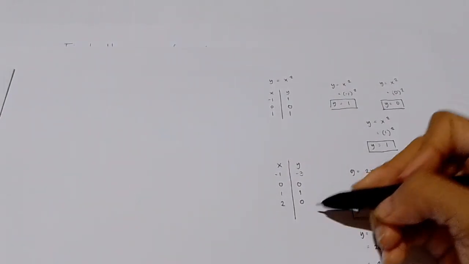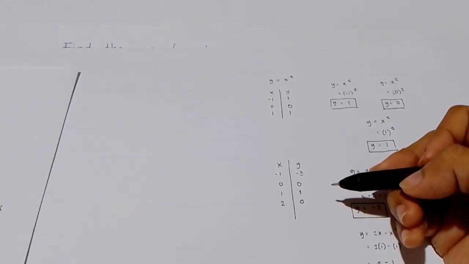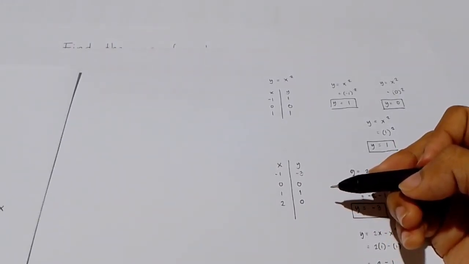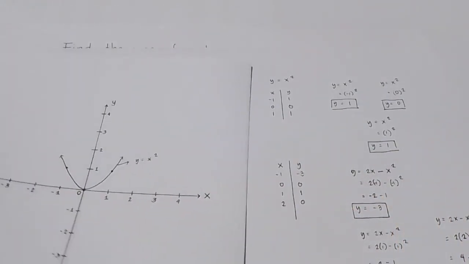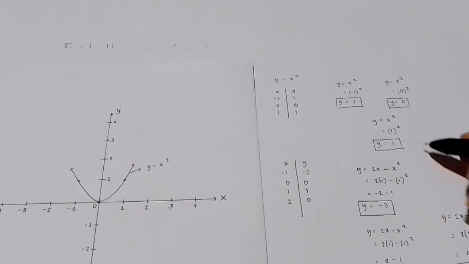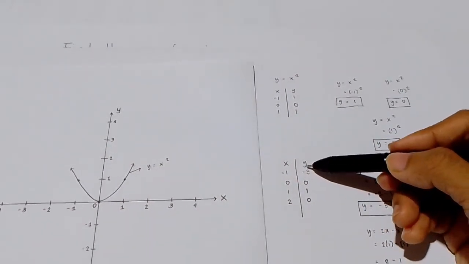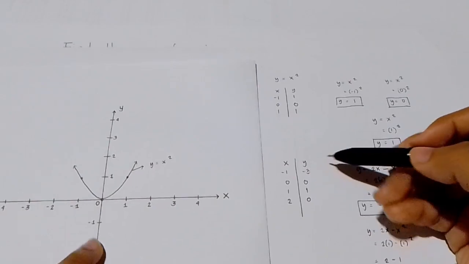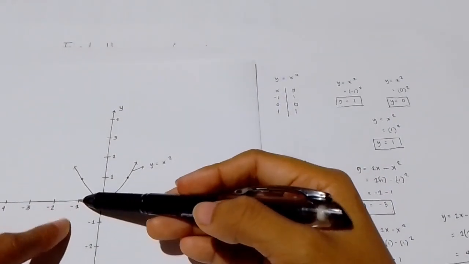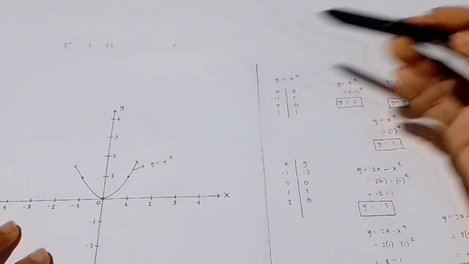So now we have the values of our x and y. Same process, let's point them in our Cartesian plane so that we can identify its graph. When x is -1, our y is -3.